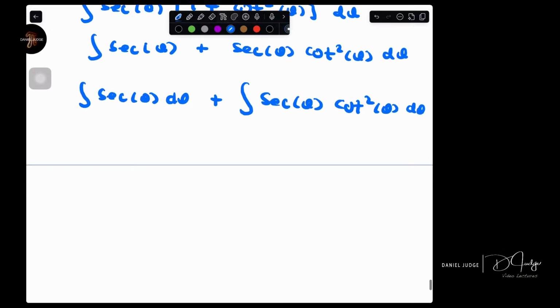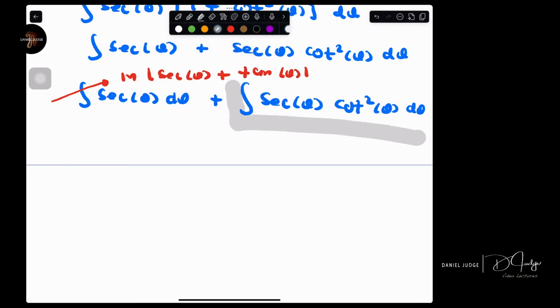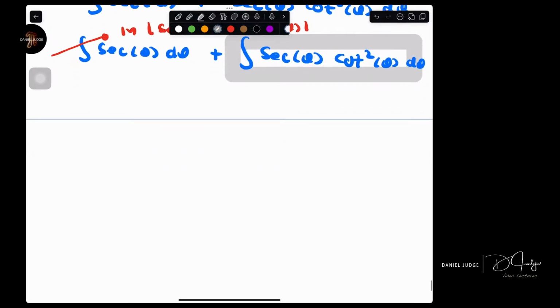We already know this first integral, natural log absolute value secant theta plus tangent theta. But then the question is, what happens with this second integral? Let's find out.